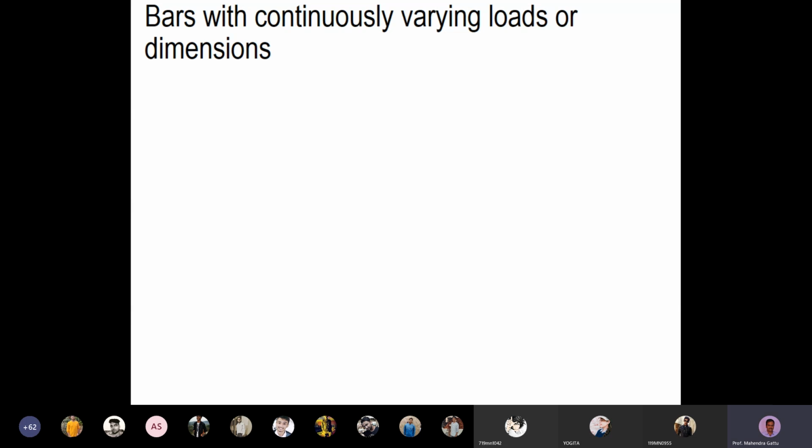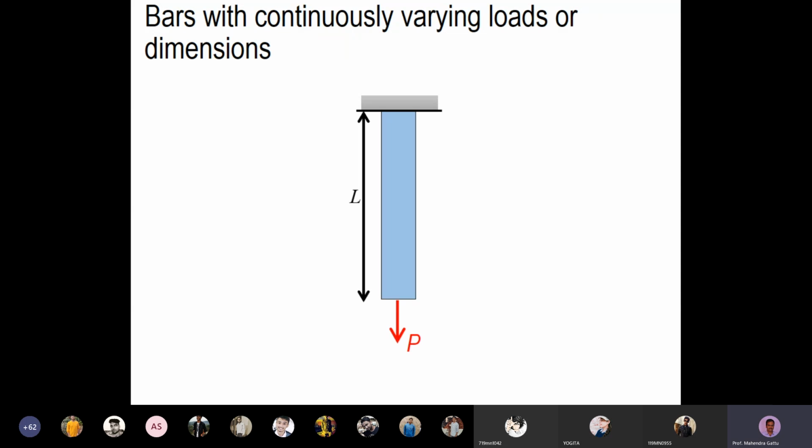So yeah, we'll go through this very quickly. We are dealing with bars with continuously varying loads or dimensions. In this problem, we have a prismatic bar. It is subjected to external load P, and we are considering its self weight, which is due to gravity.